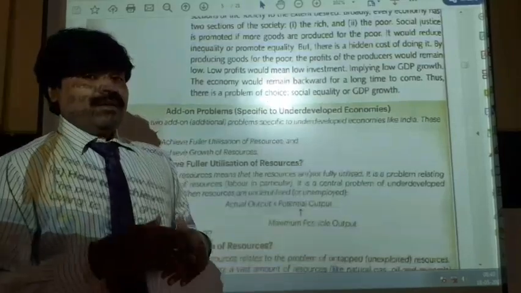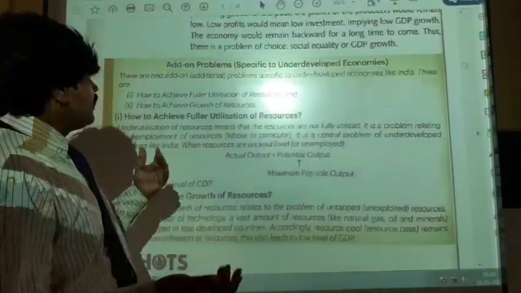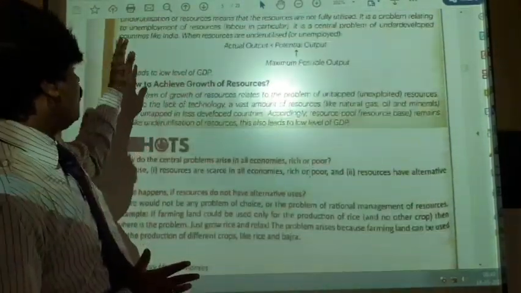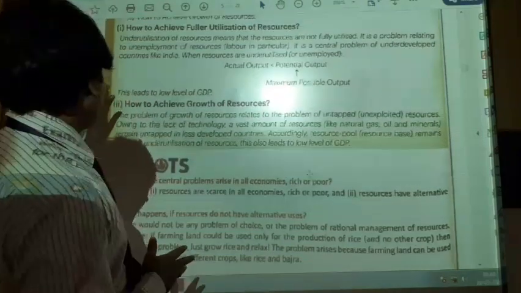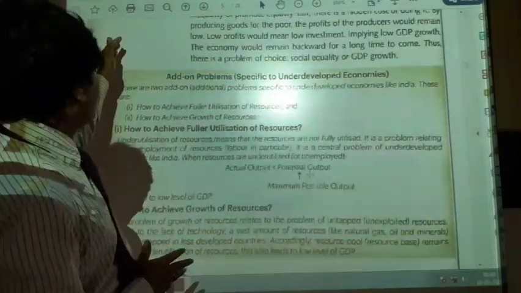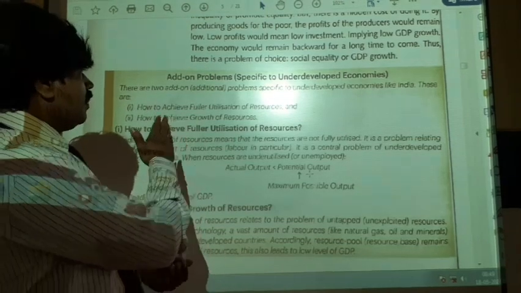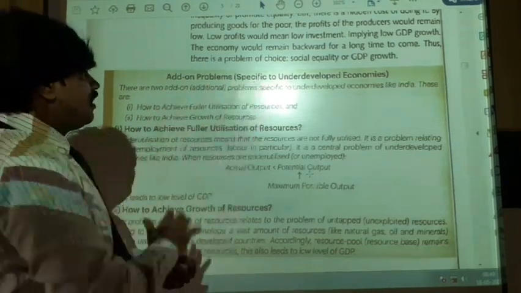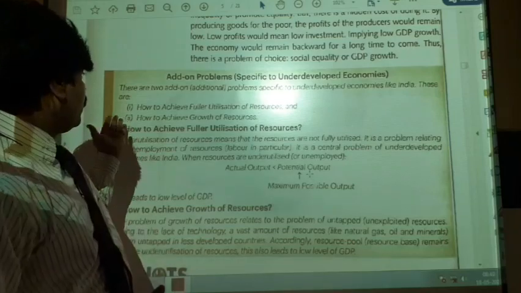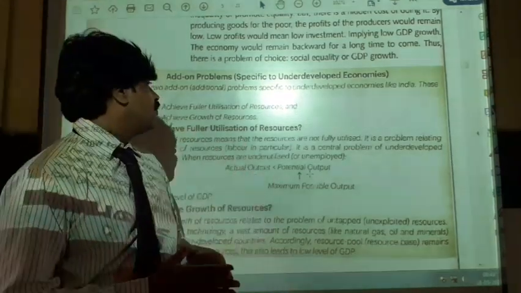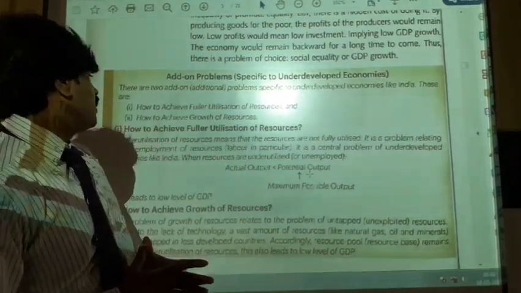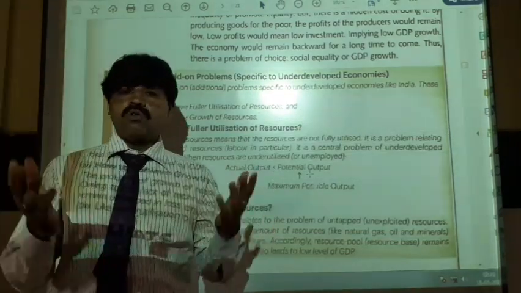But except for these central problems, there are some other problems. We can say add-on problems specific to underdeveloped economies. These are how to achieve fuller utilization of resources and how to achieve growth of resources.